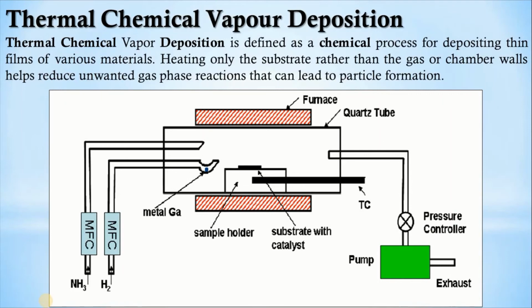It has a disadvantage that deposition occurs on the walls of the chamber as well as on the substrate. As a consequence, hot wall reactors must be frequently cleaned in order to reduce contamination of the substrate. Due to the high temperature, contamination will take place, so to reduce that, we have to frequently clean the reactor.